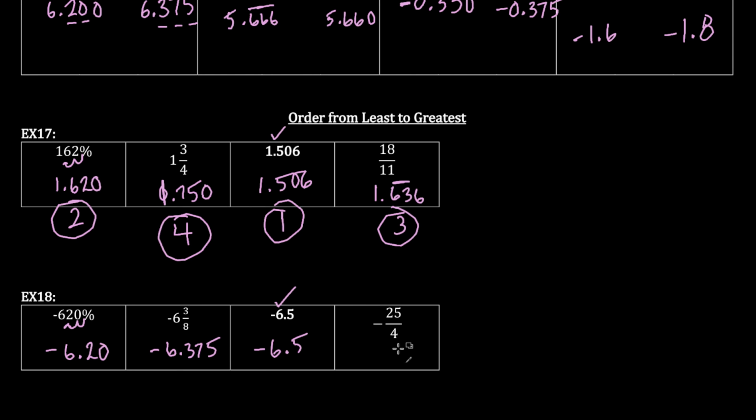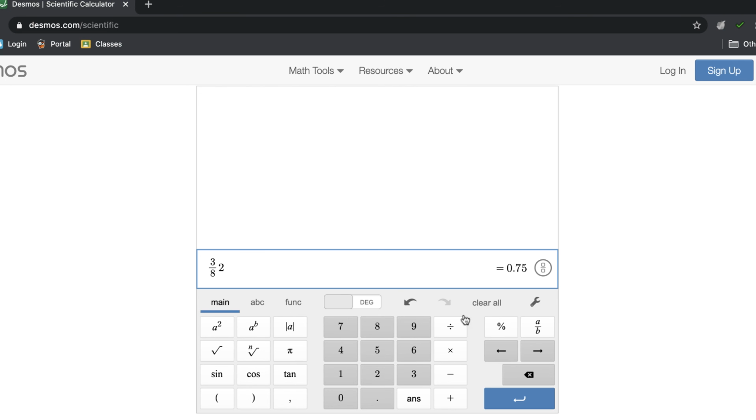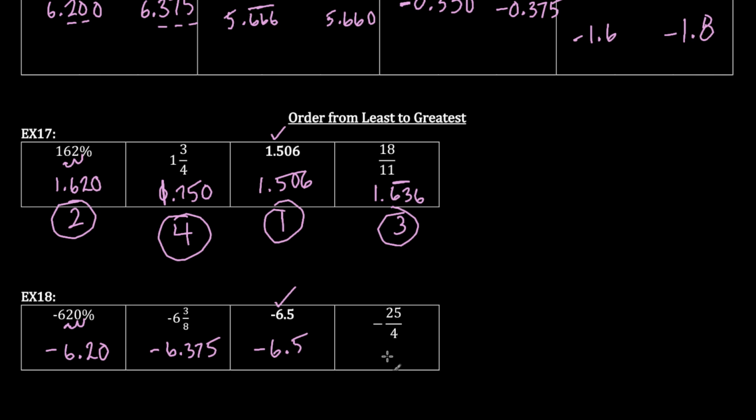And then 25 fourths is 6.25. Don't forget that negative sign. Before we do that, let's make sure our decimal place values are the same. 375, there's 3. I'm adding a 0 here. I'm going to add 2 here and another here.